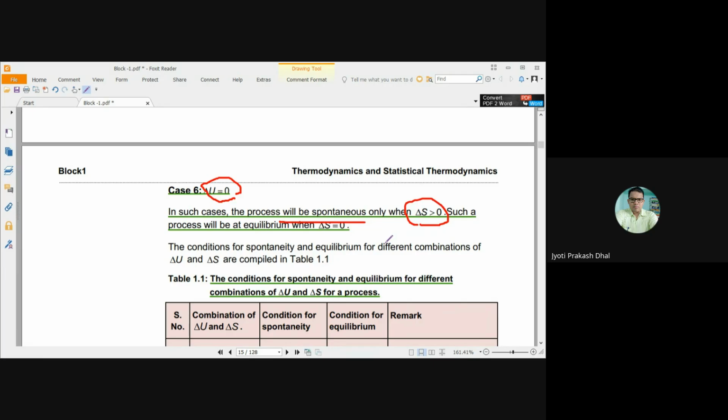That means del S should be positive. If del S is positive, then T del S will be positive and minus T del S will be negative, and the process will be spontaneous.